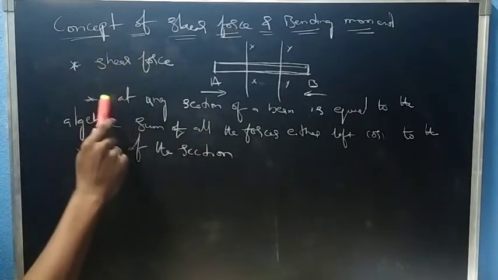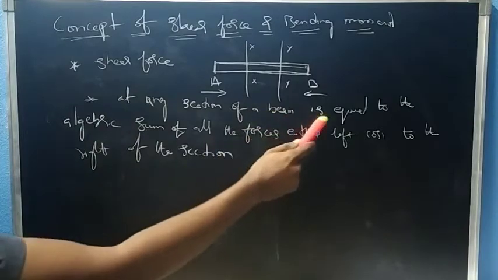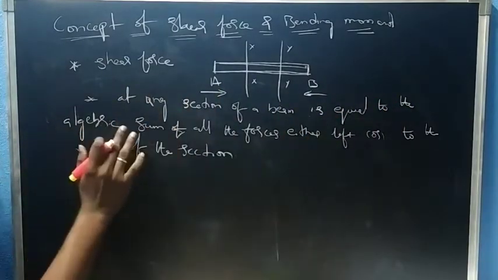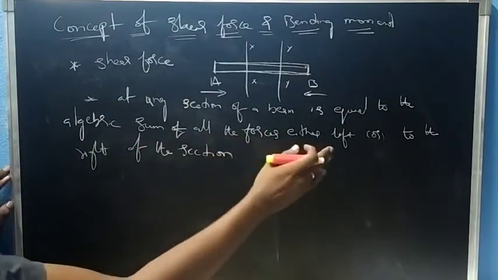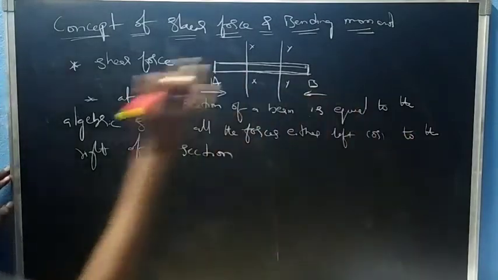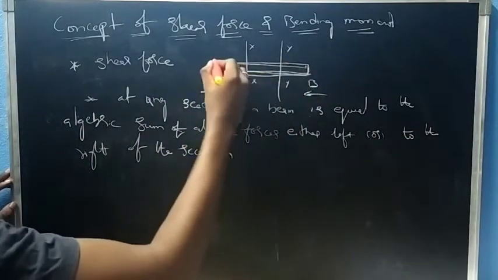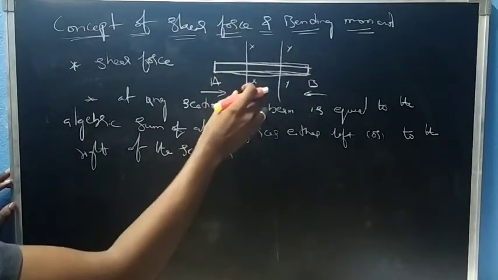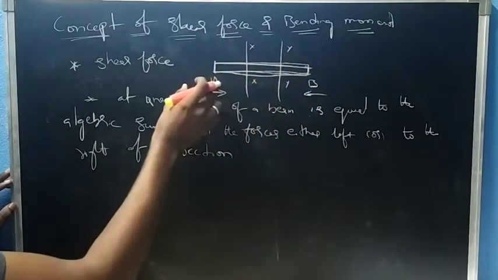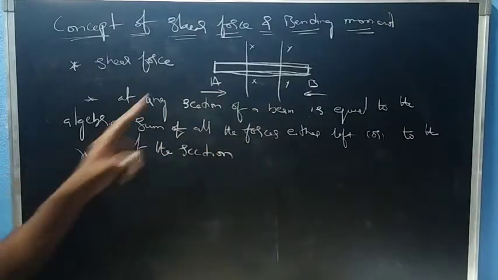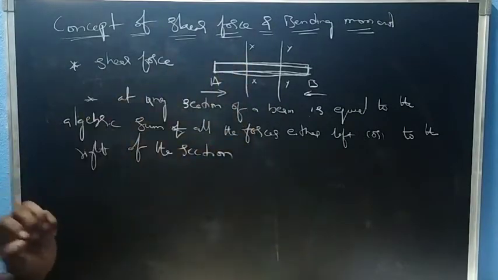So shear force at any section of a beam is equal to the algebraic sum of all the forces, either to the left or to the right of the section. So this is our beam. If I want to calculate the shear force at this section, we can take from left or right, and this is the algebraic sum of all the forces.